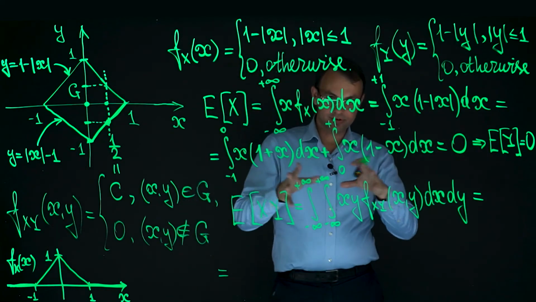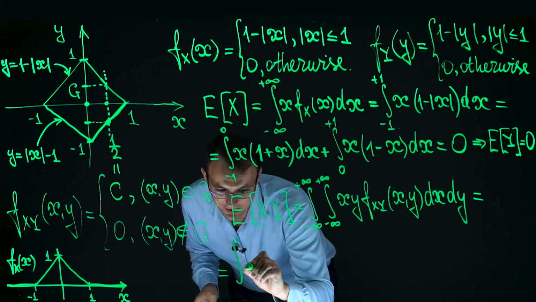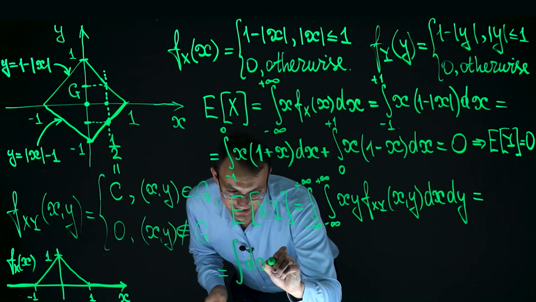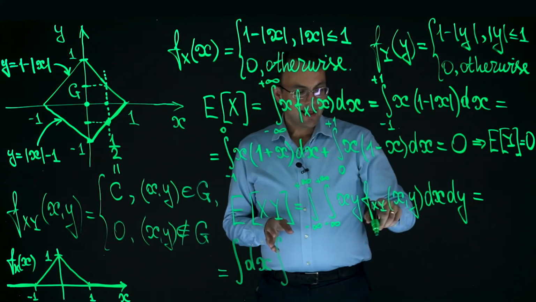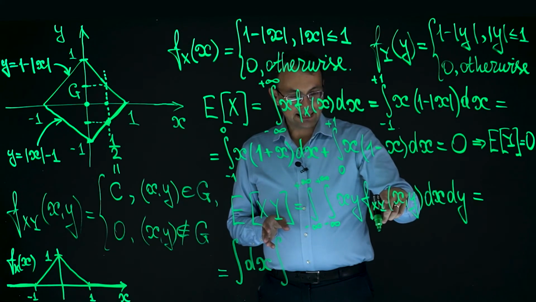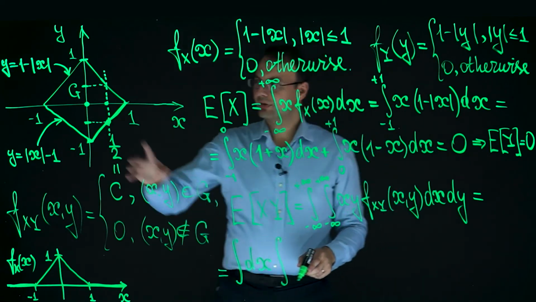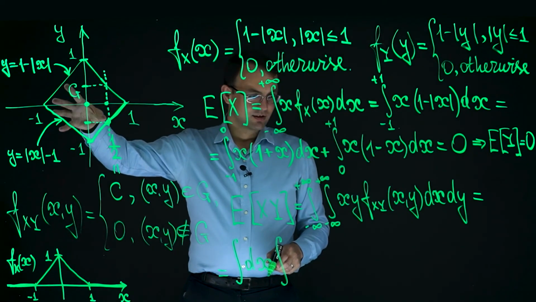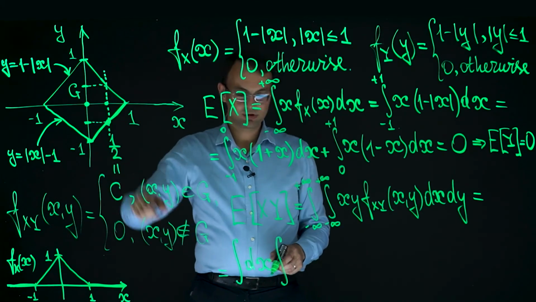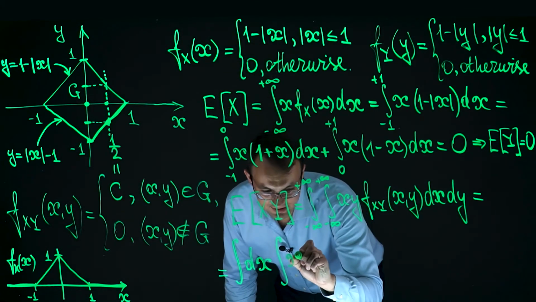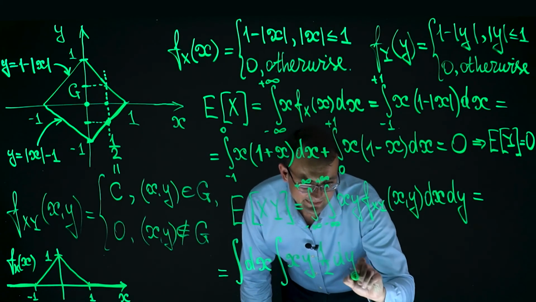We are to choose order of integration. So let the integral over x be the first one and integral over y be the second one. So x times y, and as we are integrating over g, inside this region our function is equal to 1/2, so x times y times 1/2 dy.